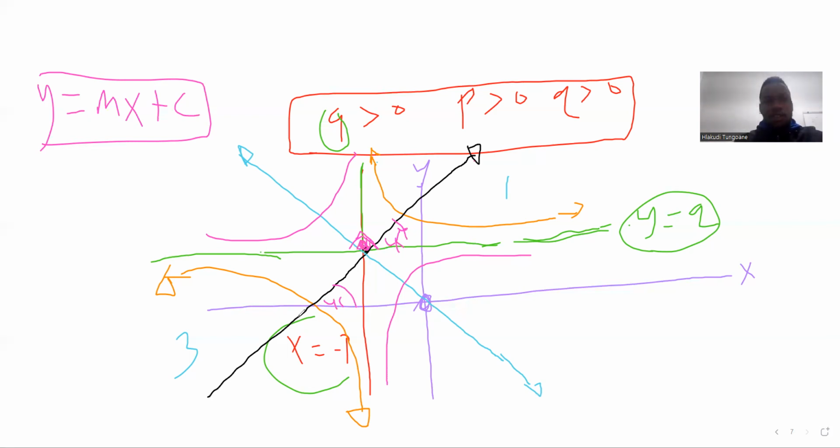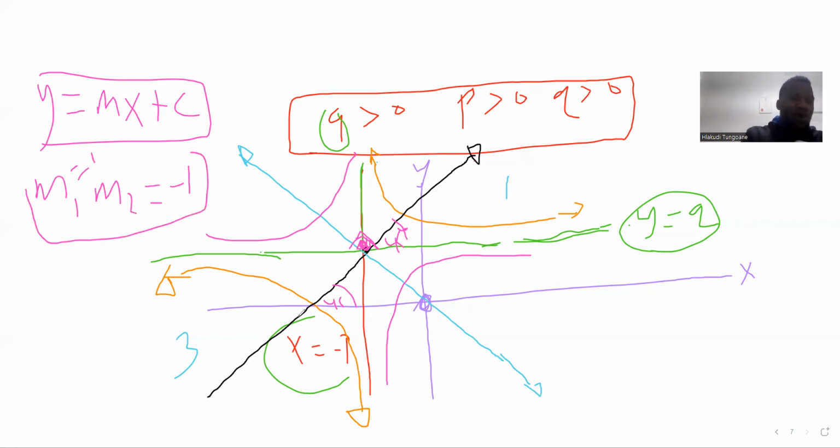That means if you know the gradient for one line, you can determine the gradient for the other line using what? The product of m1 and m2 must give you -1, right? So if you know the gradient m1 is 1, then m2 is -1. The reason it's 1 is because the angle this line forms with the x-axis is 45, and they always meet at 90 degrees.